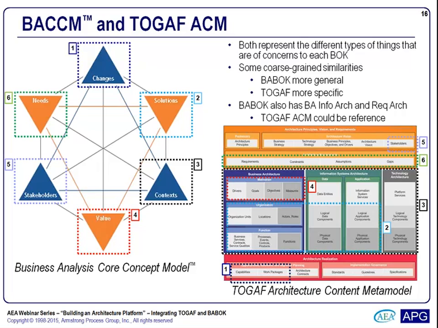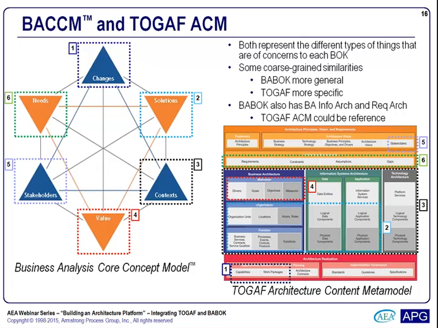So the BABOK concept model is more general. The TOGAF architecture content model is a little bit more specific, but as some of you may know, there actually are two different kinds of architectures that are identified in the knowledge areas, namely a business analysis information architecture and a requirements architecture.